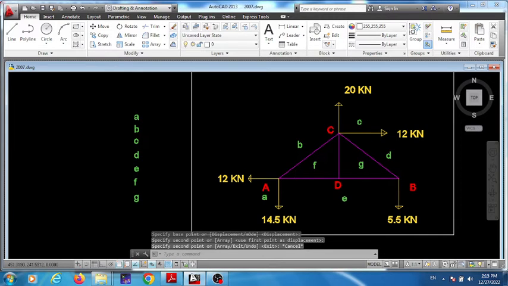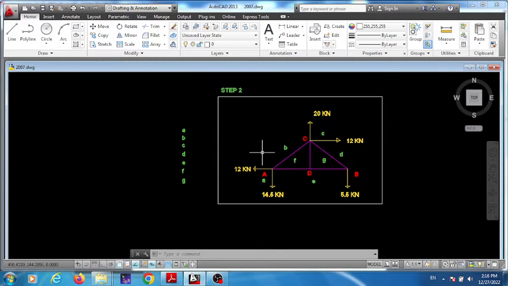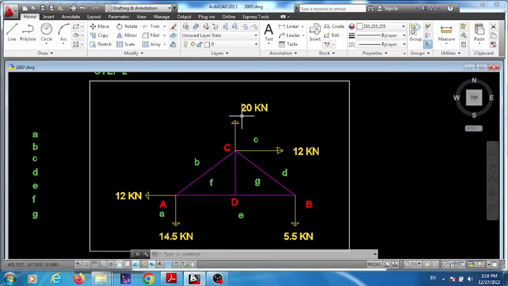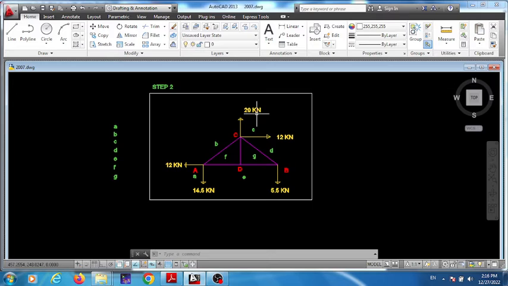Okay, so we have to choose a suitable scale if you want to draw it on paper. Otherwise, if you are drawing in AutoCAD, you can directly go with the actual values. If you want to do it on paper, choose, for example, 10 kilonewton equal to 1 centimeter.